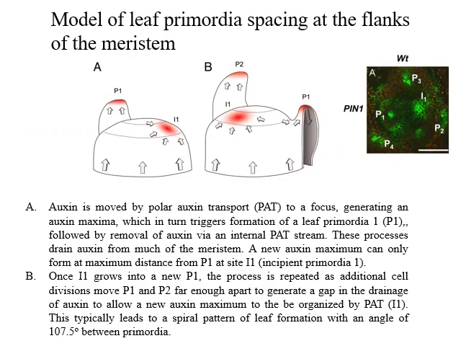So I mentioned that based on PIN1 protein localization, auxin, and also DR5 expression, the tip of leaf primordia has a lot of auxin in it.